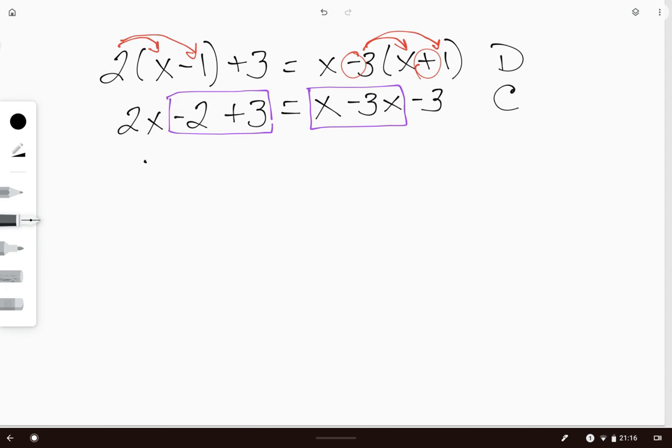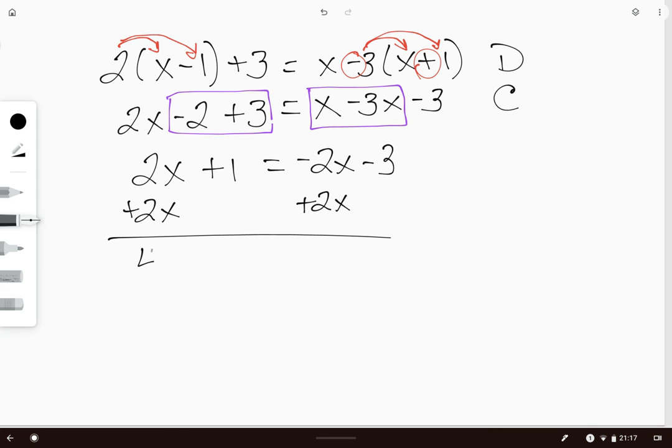And as I do that, I get 2x. So negative 2 plus 3 is going to be a positive 1. So x minus 3x is minus 2x minus 3. So now I'm just going to move my smaller to my larger. So negative 2 is less than 2. So I'm going to add 2x to both sides.